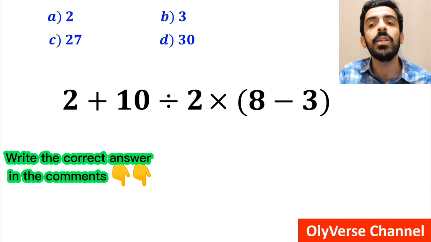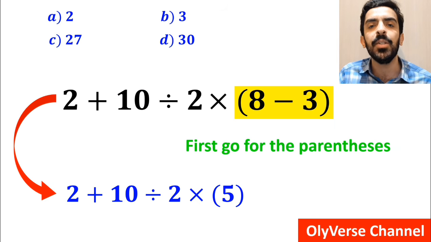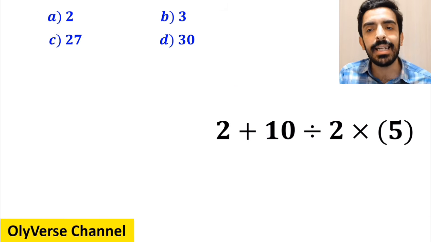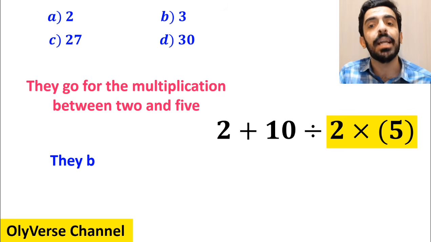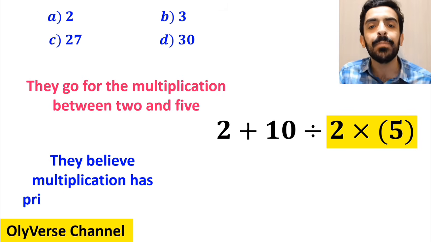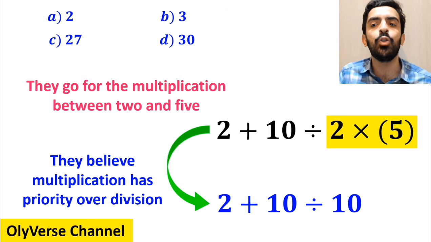Also, some other people when solving this question first go for the parentheses and write this expression as 2 plus 10 divided by 2 times 5. And the next step, they go for the multiplication between 2 and 5 because they believe multiplication has priority over division. So, this expression simplifies to 2 plus 10 divided by 10.